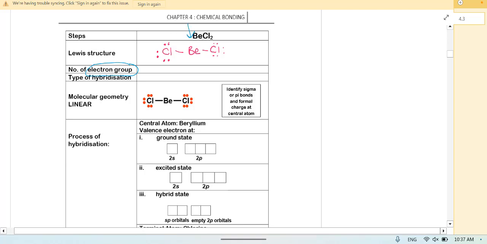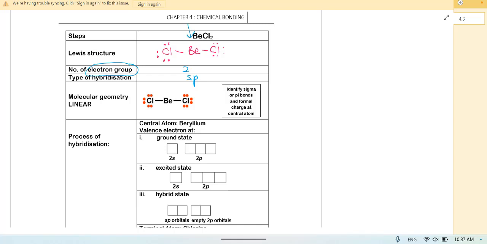We look at the central atom. Here there are 2 electron groups. When you have 2 electron groups, the type of hybridization the central atom will use is sp. If the number of electron groups is 3, the hybridization will be sp2.